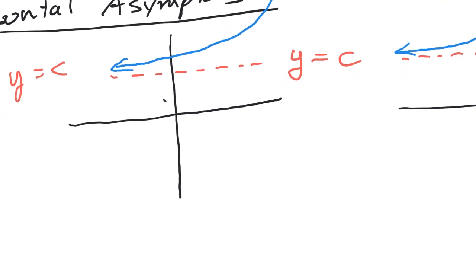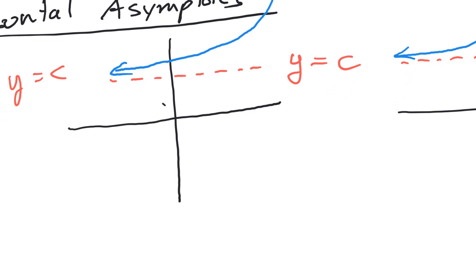Because this one comes down and goes across, you could say as x goes to negative infinity, f of x goes to the value c. But you know, it can cross, right? It's the same thing, okay? So you've got to remember, for these horizontal asymptotes, you can cross them.